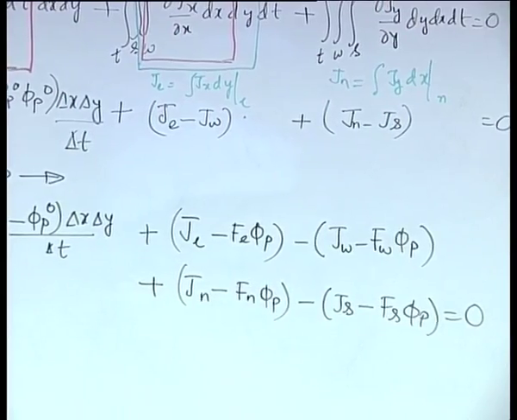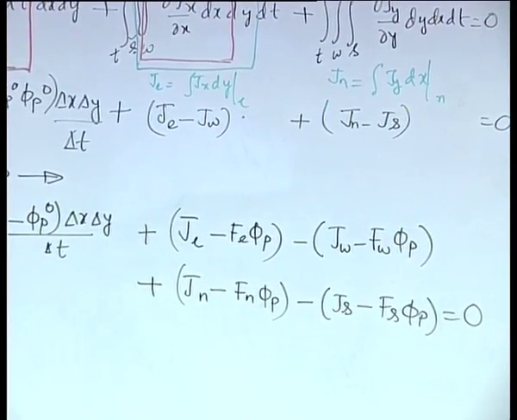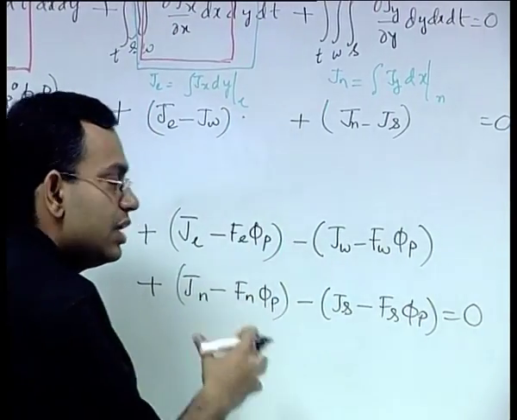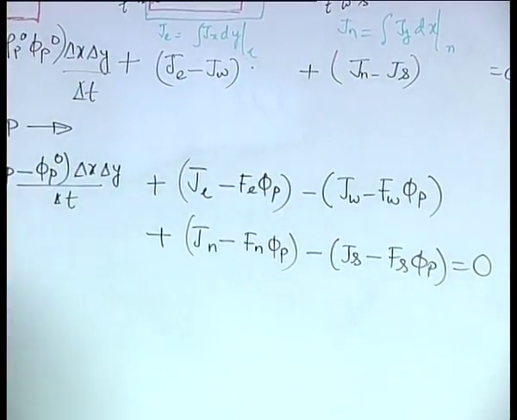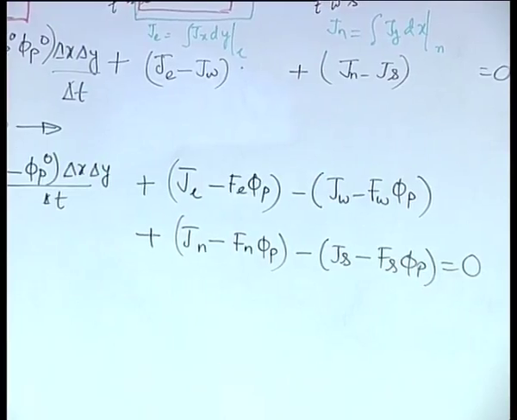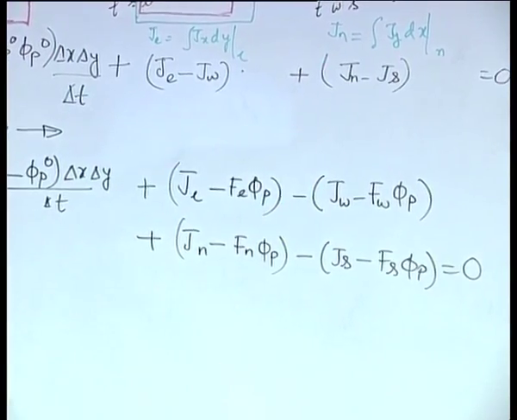So, other than the unsteady term you can see that the other terms have 4 different groups, these are similar ones. So, let us calculate the first group, Je minus Fe phi P, that will give us an indication of what will be the discretization of the remaining groups.